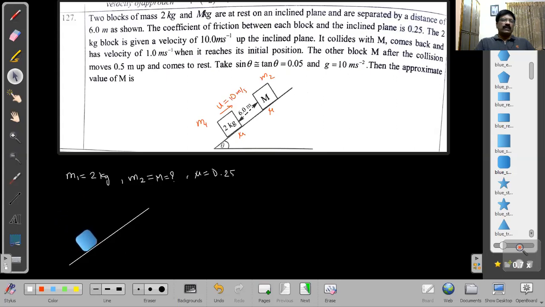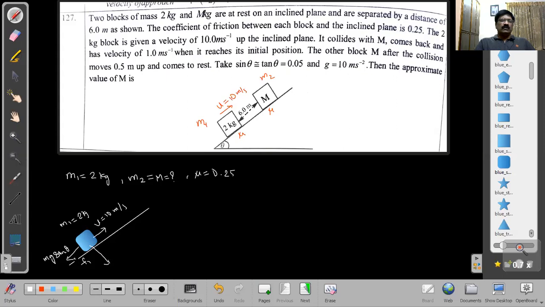Whenever the first block moves with a velocity of 10 meters per second upwards, M1 is equal to 2 kg. But whenever the block is moving upwards, the friction F1 acts in the backward direction, and at the same time the weight component mg sin theta acts in this direction.